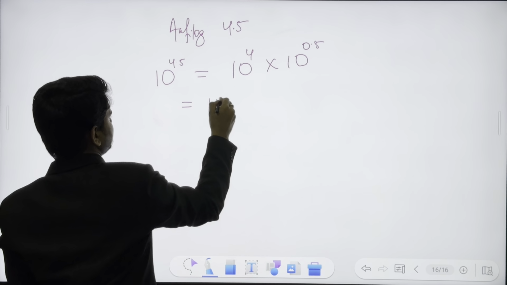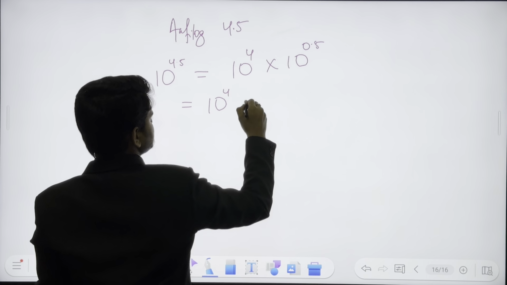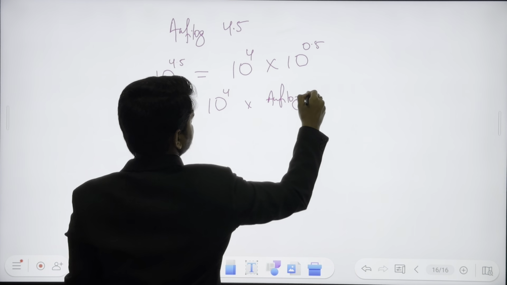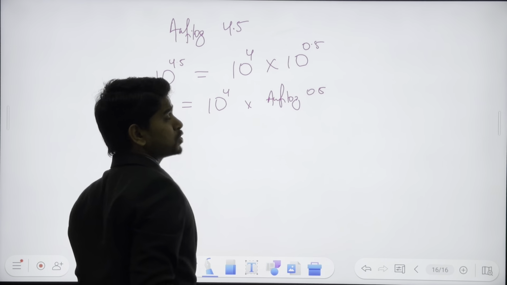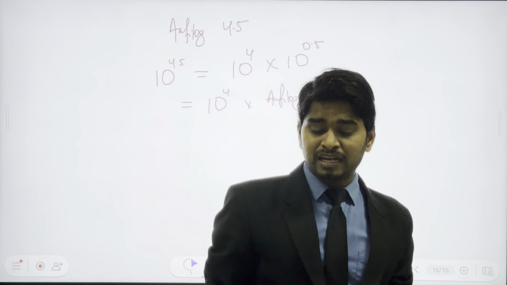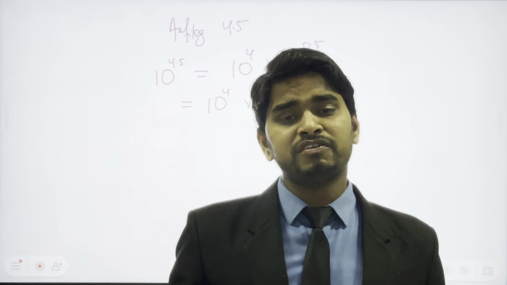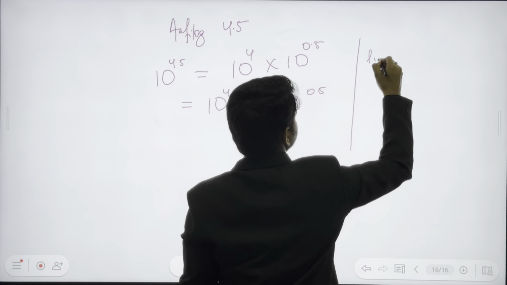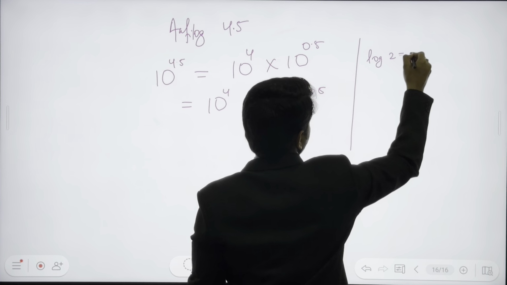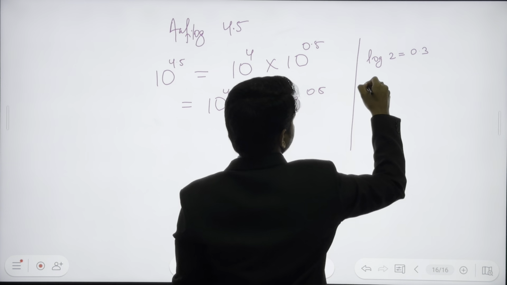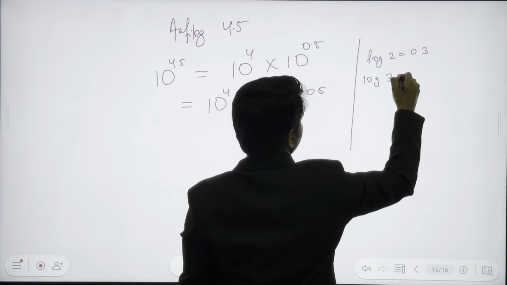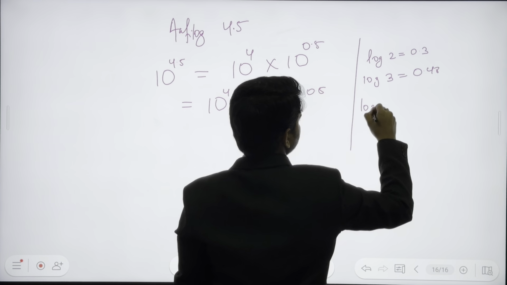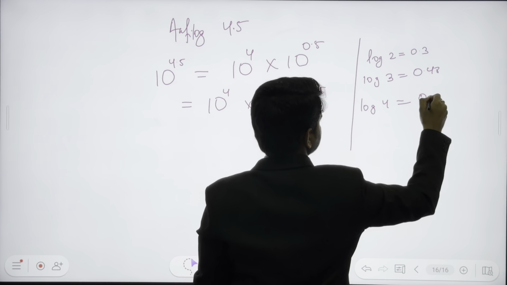And this is the standard form, we will leave it as it is, and this is basically anti-log 0.5. Anti-log 0.5 you don't know because there isn't any number whose log value is 0.5. So we will approximate. You know log 2 is equal to 0.3, log 3 value is 0.48 and log 4 value is 0.6.